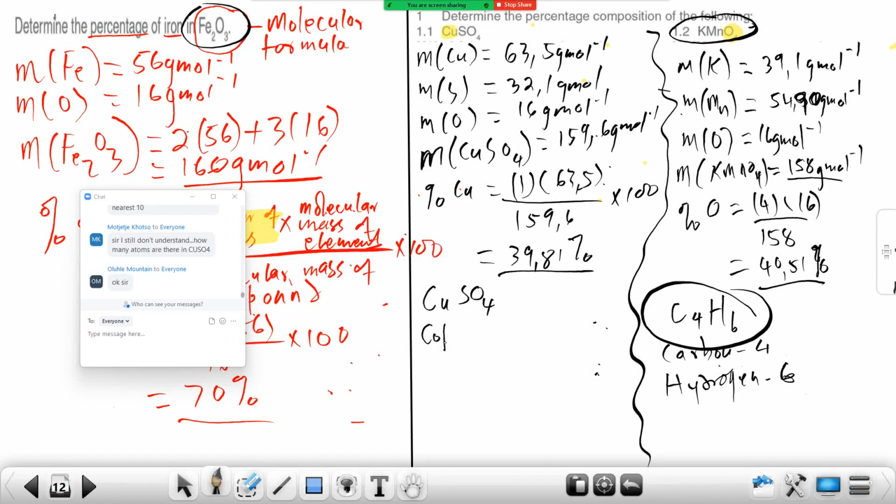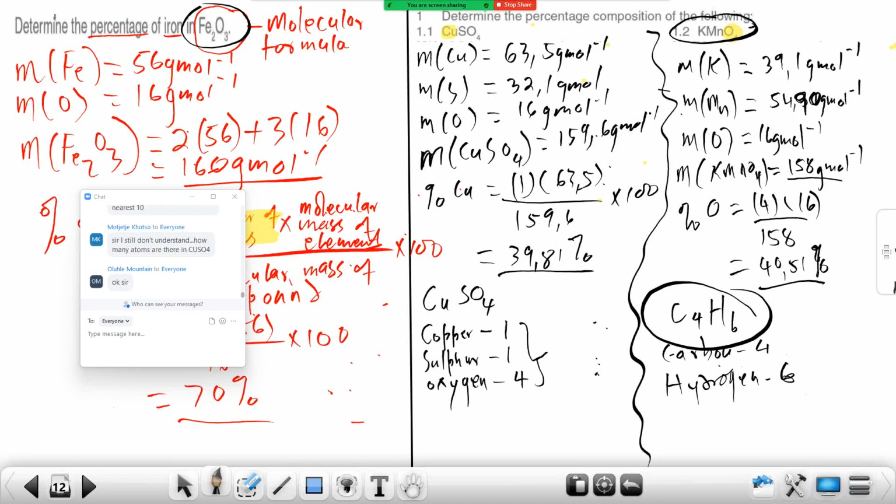So for copper, we just read it from the formula that demonstrates. So for copper, how many coppers do we have in simple terms? Just 1. How many sulfur do we have? Just 1. But how many oxygens do we have in the demonstration? 4.